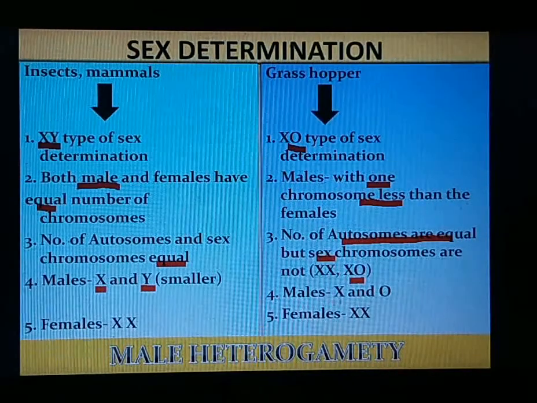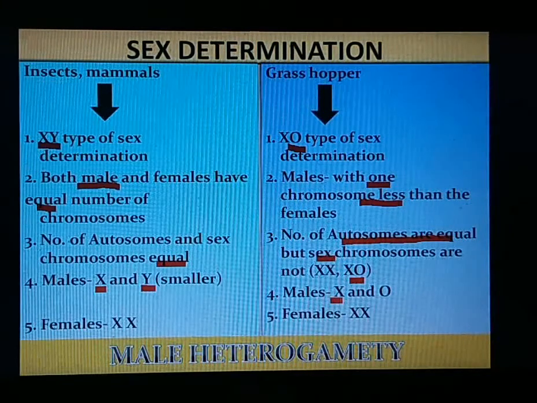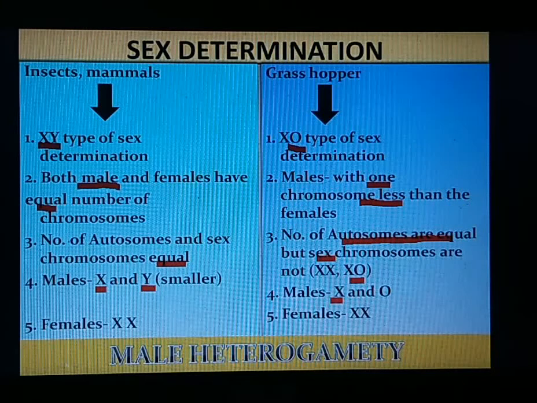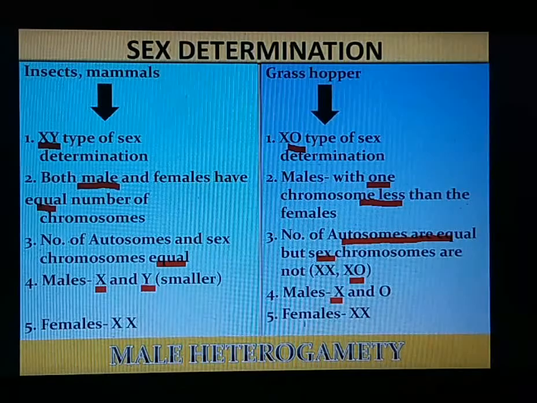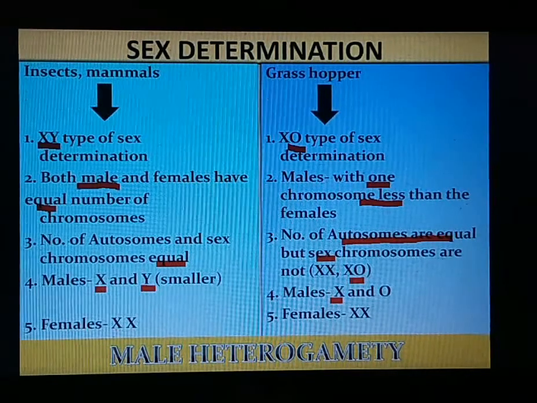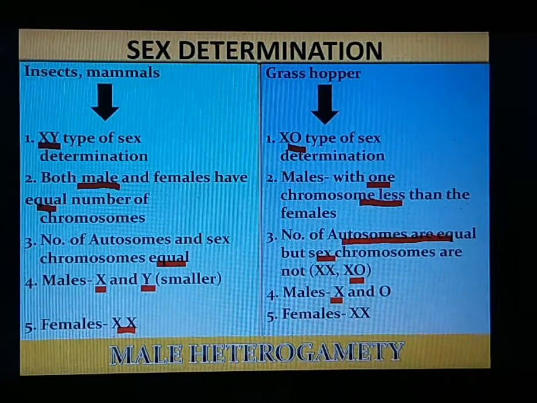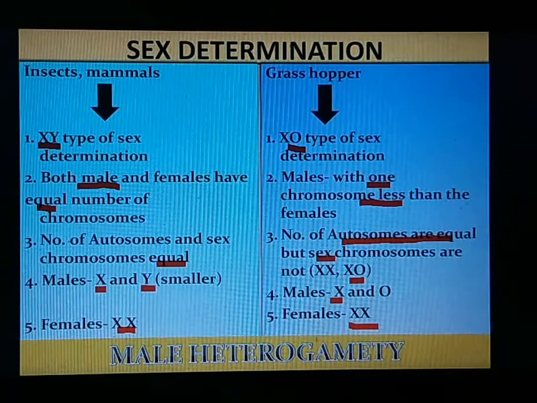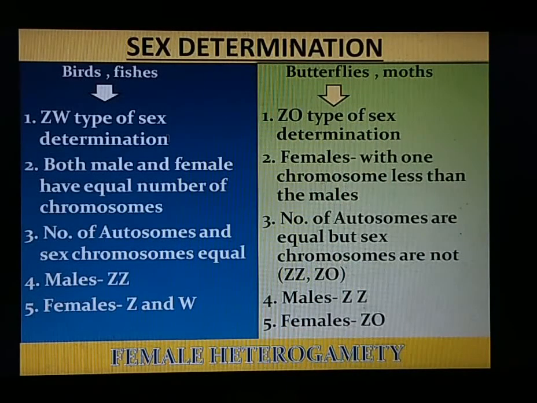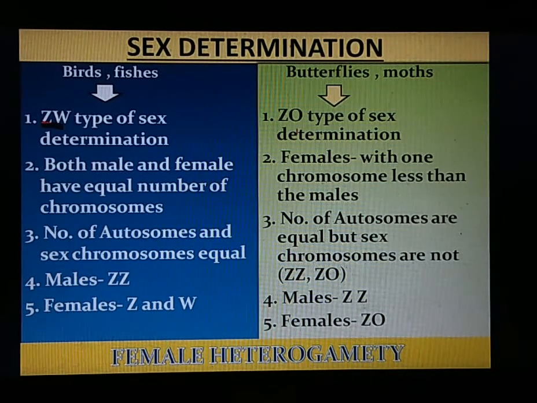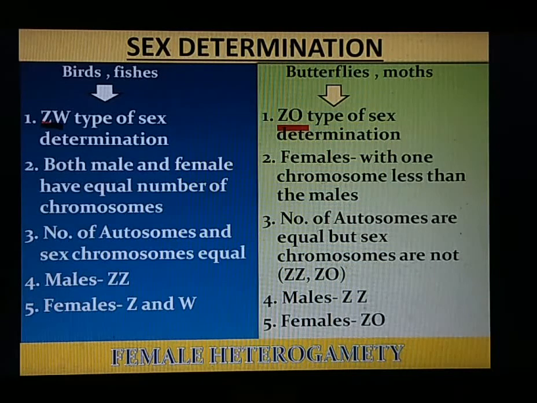Here only one X chromosome is seen in one gamete, whereas the other gamete will have only autosomes without any sex chromosome. But one similarity is that females have similar sex chromosomes, and that is XX.